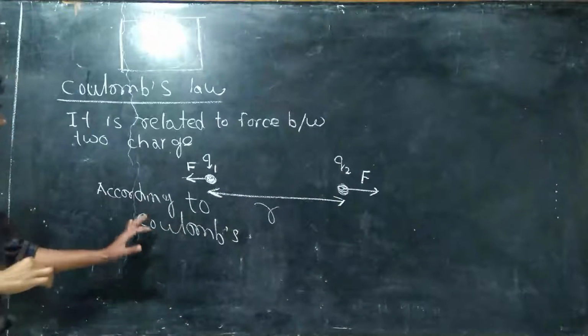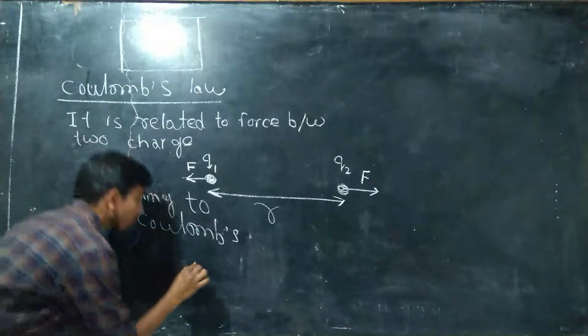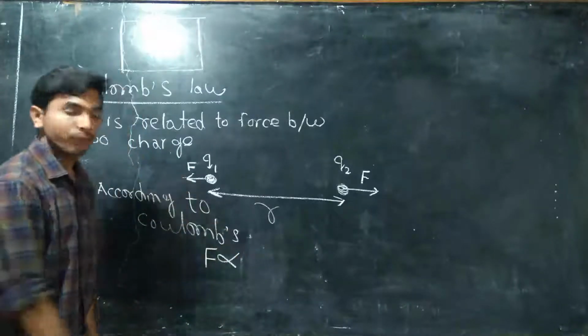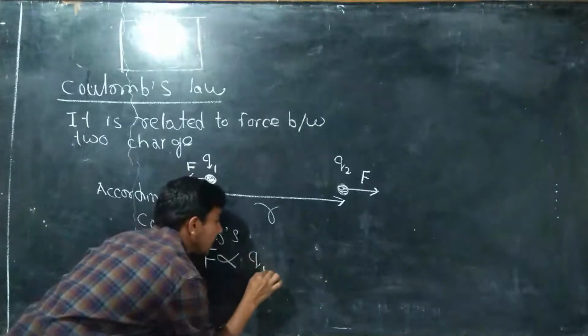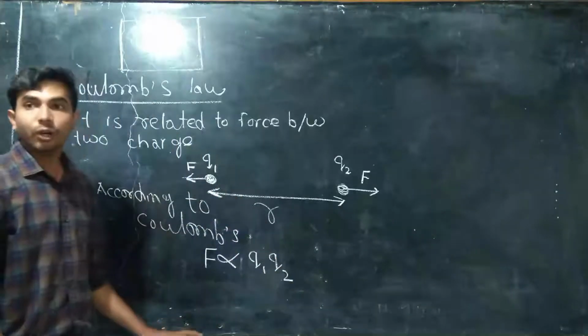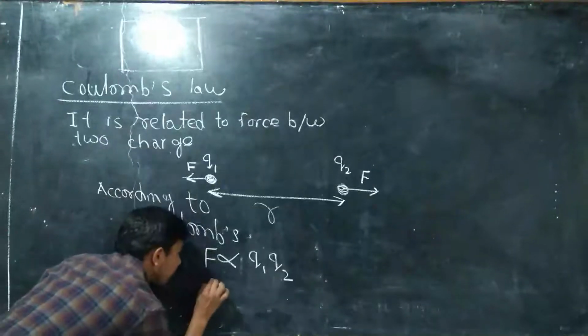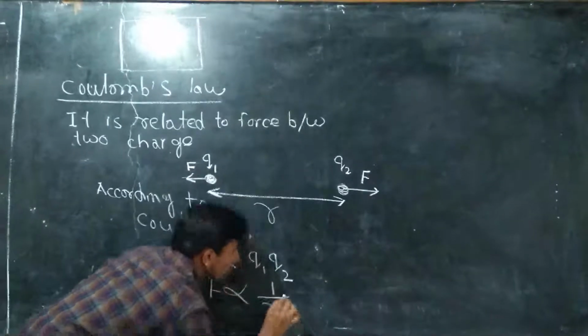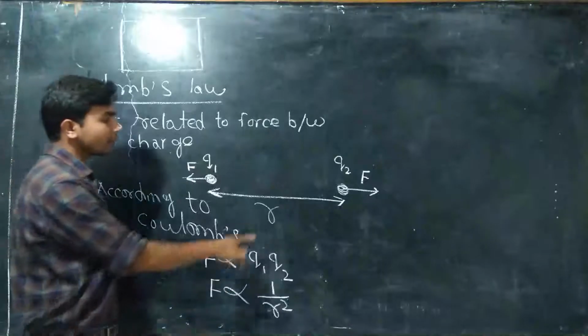According to Coulomb's law, this force is proportional to the product of Q1 and Q2. And this force is also inversely proportional to the square of the distance between these two charges. What is the distance between two charges?